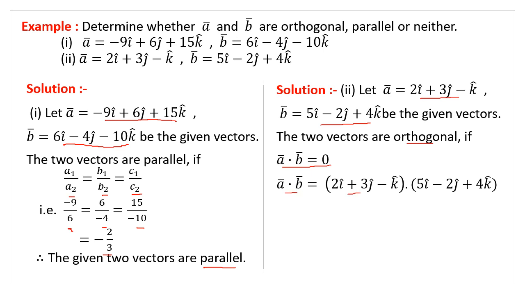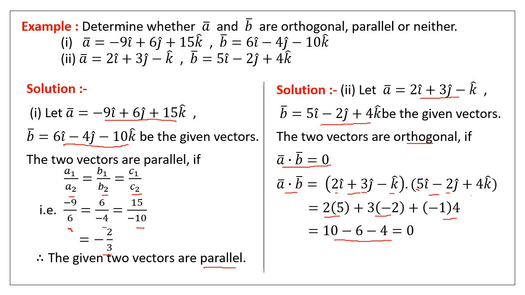Write down the a bar vector and b bar vector. Now we will write their dot product as a1 b1 plus a2 b2 plus a3 b3 equals 2 into 5 plus 3 into minus 2 plus minus 1 into 4 equals 10 minus 6 minus 4 gives us 0.